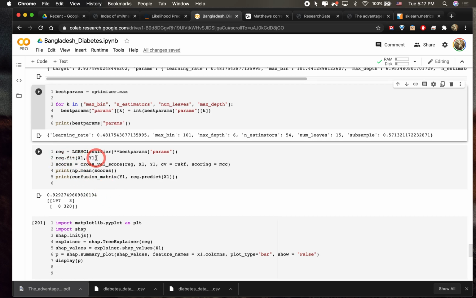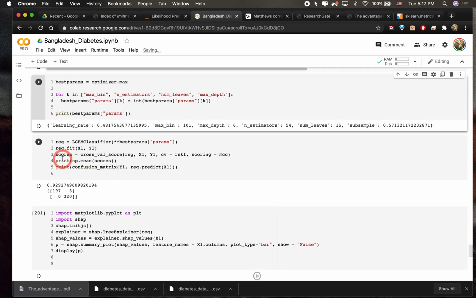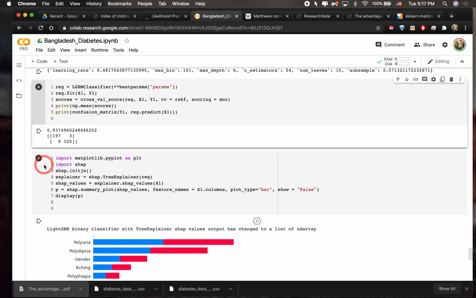I'm fitting it on the entire data set, and I'm looking at the cross-validated scores of this regressor over x1 and y1 with this cross-validation scheme, and with the Matthews correlation as my scoring mechanism. Again, I'm looking for the mean of the scores, and then I'm going to do a confusion matrix on the whole thing. If I run this, you can see here that the Matthews score is 0.93.